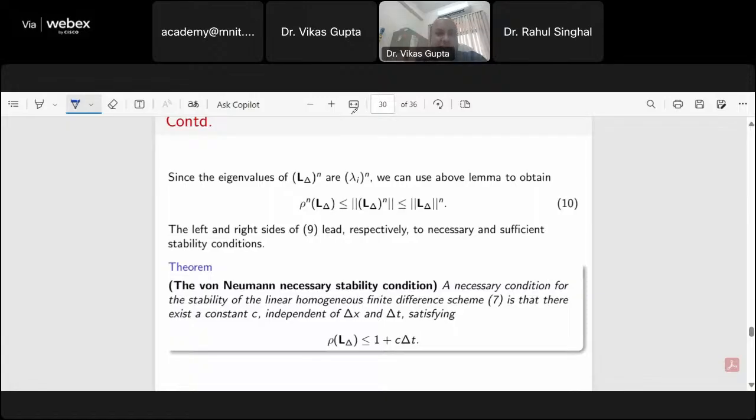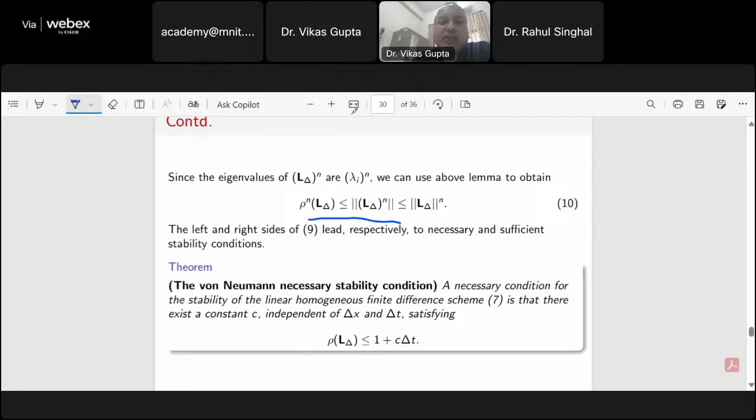Using that, we obtain this lemma. Since the eigenvalues of the nth power of L_delta are the nth powers of lambda_i, if lambda_i is an eigenvalue of L_delta, then lambda_i to the power n will be an eigenvalue of L_delta to the power n.